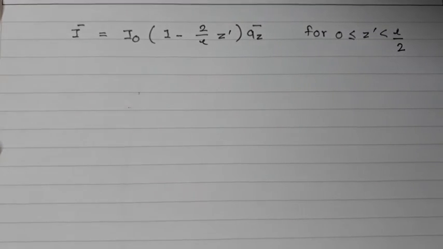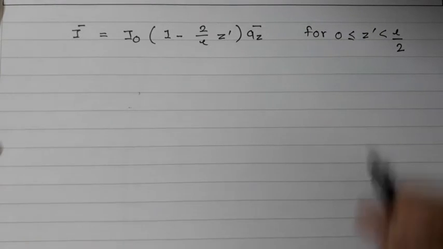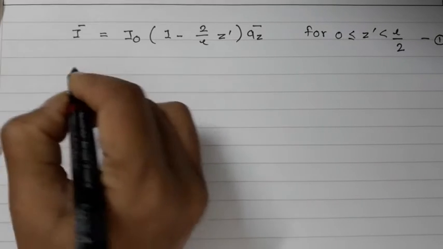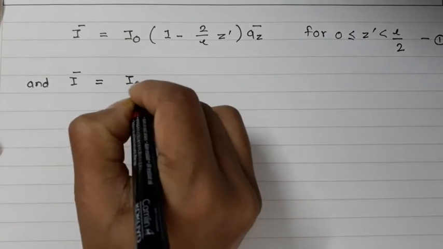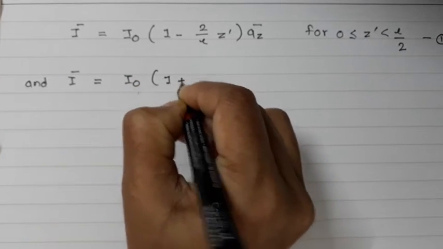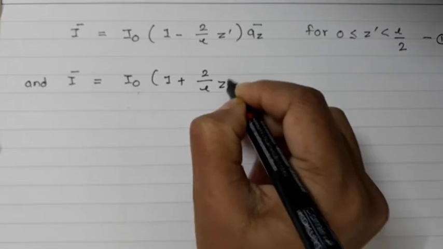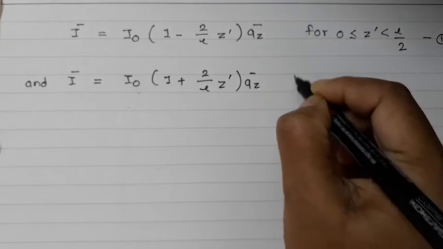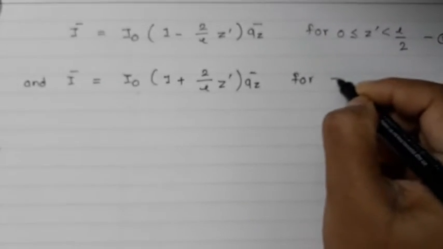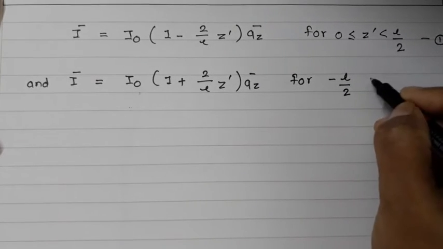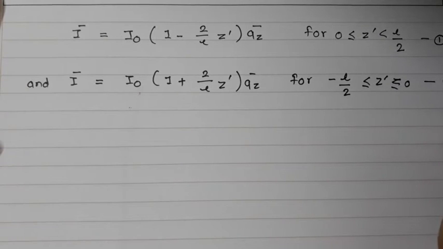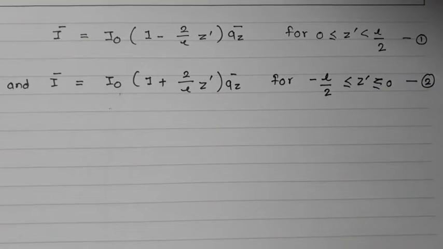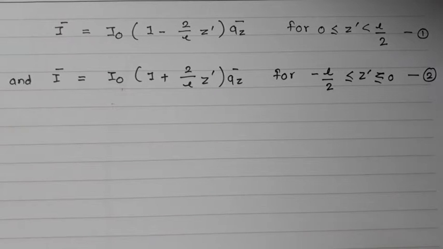Let us call this equation number 1. The second: I is equal to I0 times (1 plus 2 by L times z dash) a z bar for minus L by 2 less than or equal to z dash less than or equal to 0, and let us call this equation number 2. So these are the expressions for the current distribution.